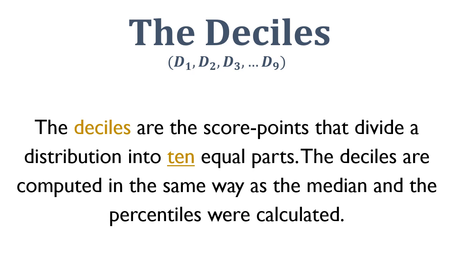If we have 100 equal parts and divide it into 10, then 1 decile is equivalent to 10 percentiles. And that is why the deciles are computed in the same way as the median and the percentiles were calculated. That's the reason why I recalled all the steps that we use in getting the value of our desired percentile for ungrouped data a while ago.